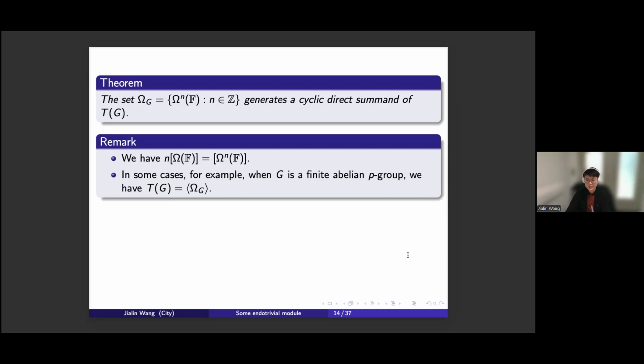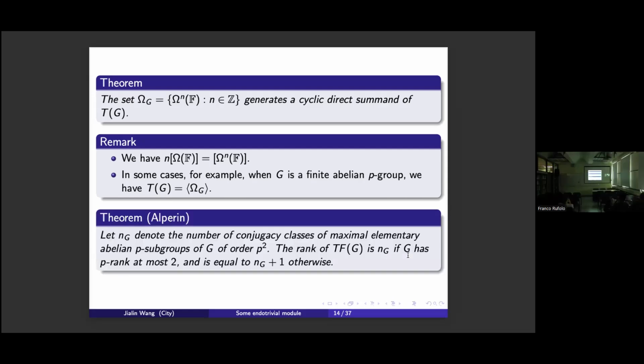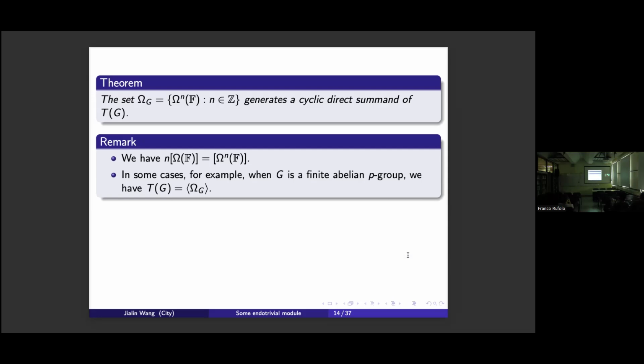And secondly, as I said before, for some cases, for example when G is a finite abelian p-group, the group of endotrivial modules is exactly this cyclic subgroup generated by Omega G. And you know if this is torsion or torsion-free, or are there both cases even in that particular example?